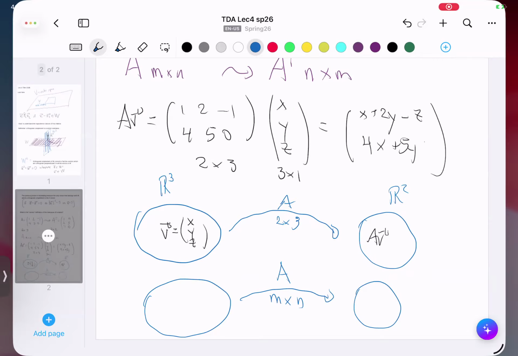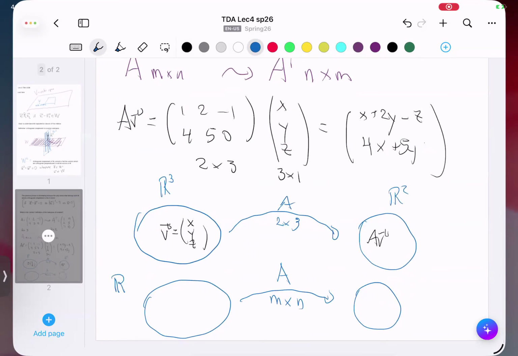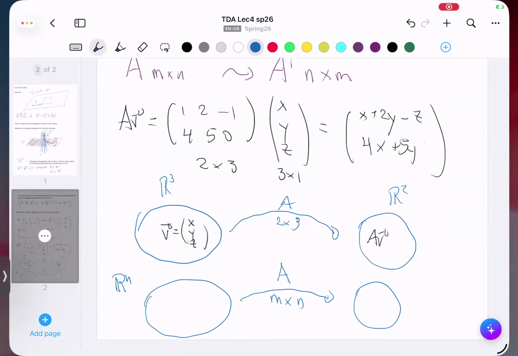So this starts in Rn and ends up in Rm. Because that's the only way for the matrix multiplication to make sense. So this vector now has N entries.